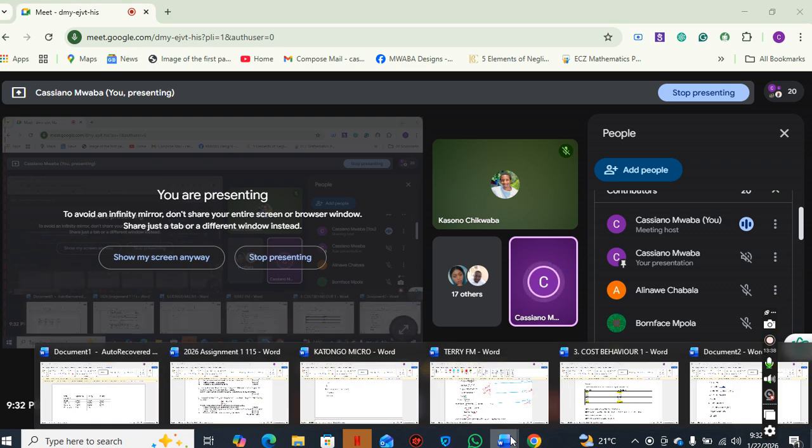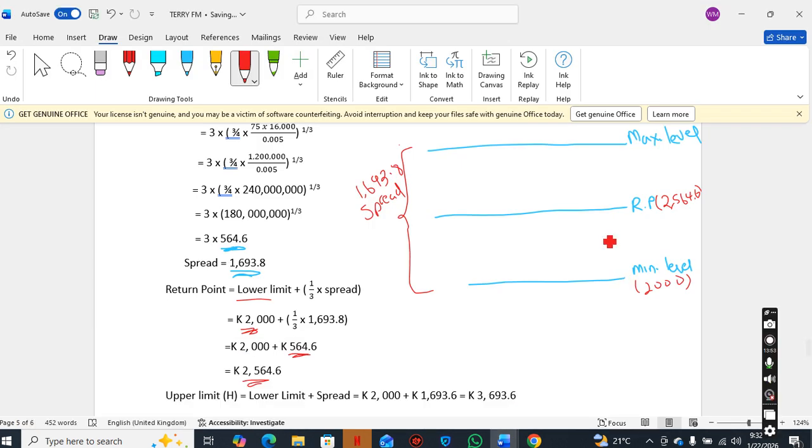But in this theoretical example, we're assuming that you've bought treasury bills, you've got shares in another company. So when the money goes below, you can easily sell them back so that you return back to this balance here. So think of the return point as the amount you want to have.